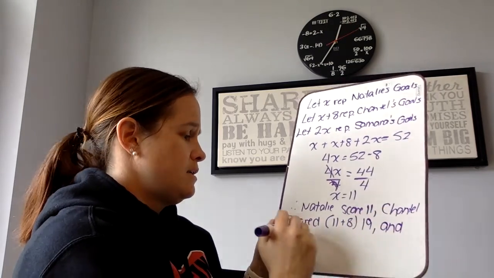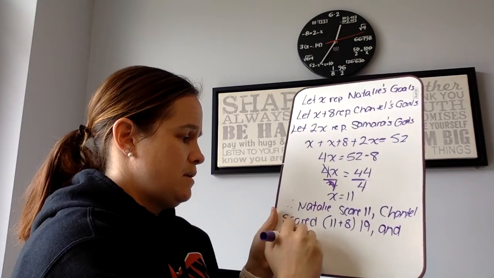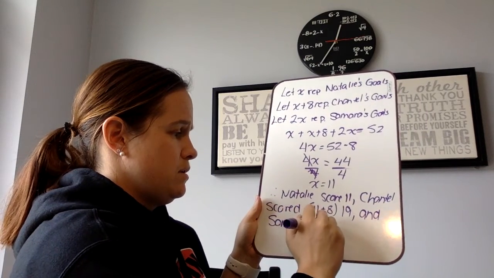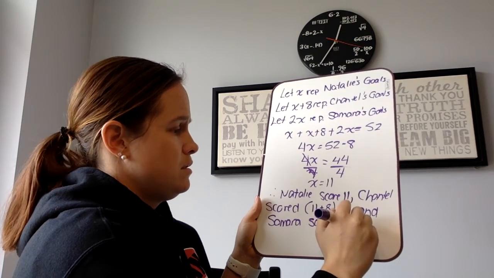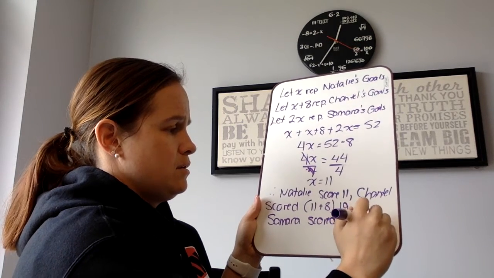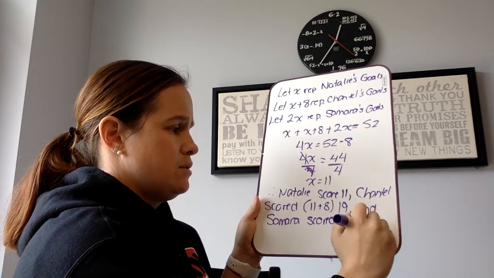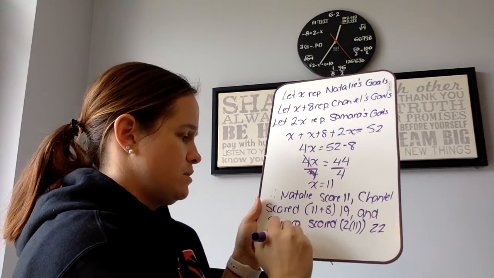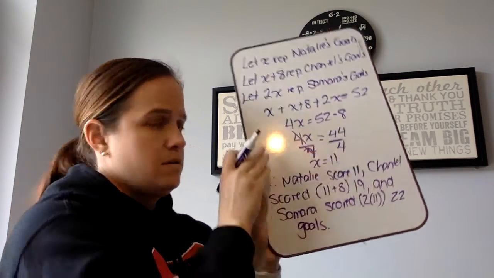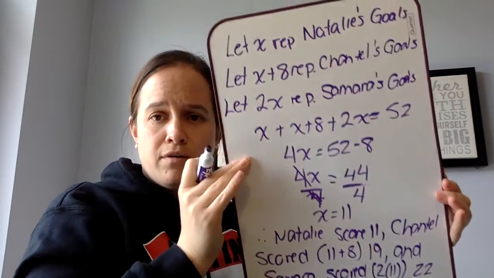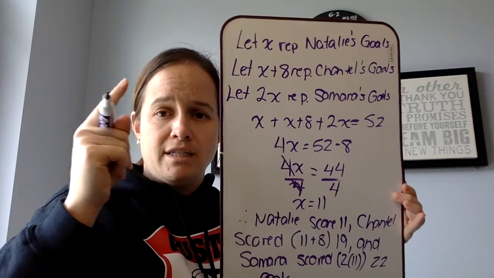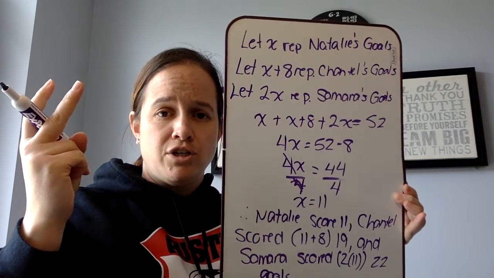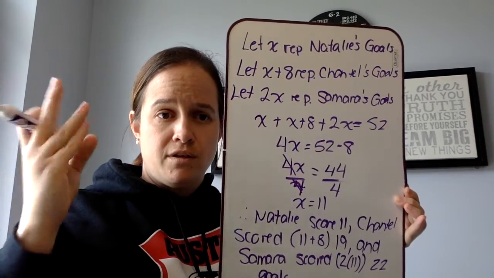And Samara scored 2 times 11, which is 22 goals. So there you go. Does it all fit? There. So our let statements, our equation, we solved, and we did our therefore statement.